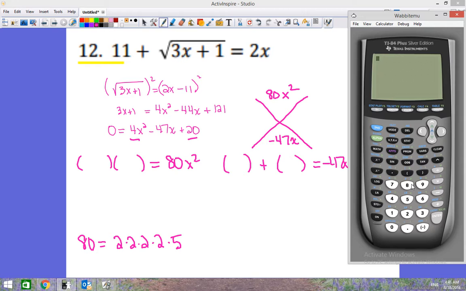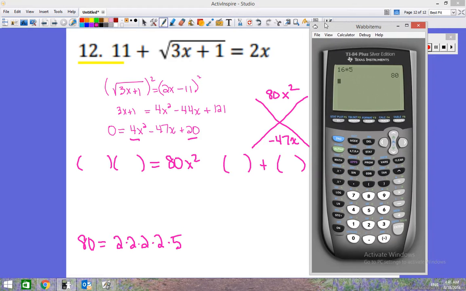Yeah. Okay, yeah. So now I need to find the right combination of values that add together to give me the 47. So if I have 24, yeah, see, I'm not seeing it.